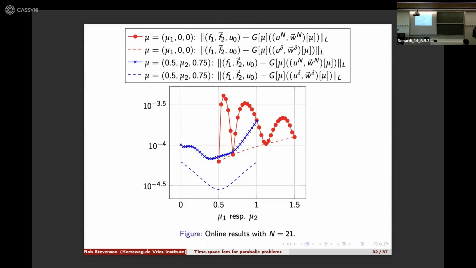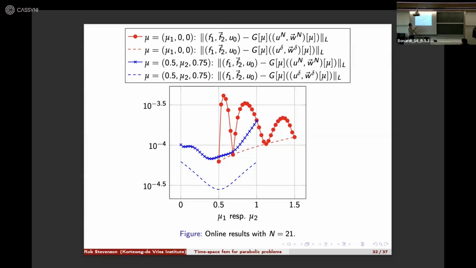And now, given these snapshots, for new parameter values we approximate the solution as a linear combination of the snapshots by minimizing the residual. And this is what happens. So we have two sets of parameters. First, we took the parameters of this form, and we vary mu1 between 0 and 0.5. And in the blue, we have this set of parameters, and we vary mu2.